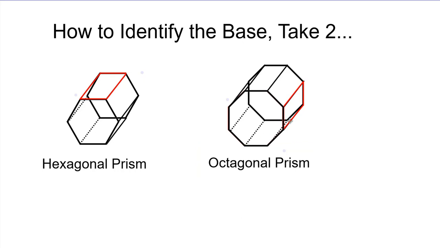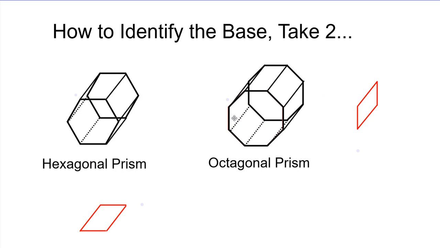Okay. So on this one here, we have our face that's on the right side, but we also, on a parallel plane, have another congruent face, but that's not the base. This is an octagonal prism. So how do we delineate between those two?